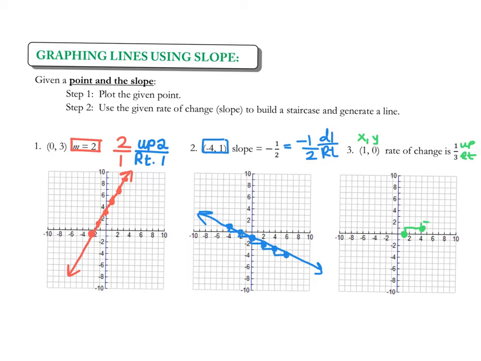You could go in the other direction: down 1, left 3. All right, and this is kind of not steep, but there's that line. So that's all we're doing. Let's go on to the next examples.